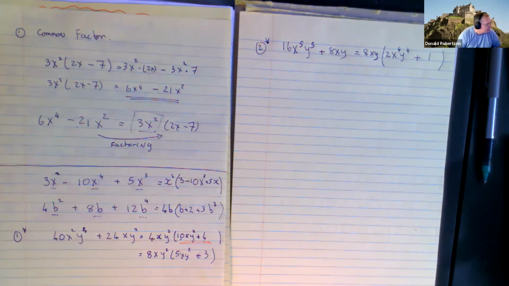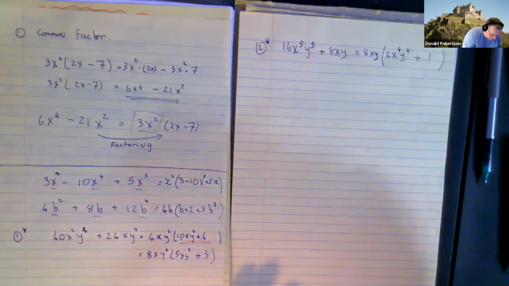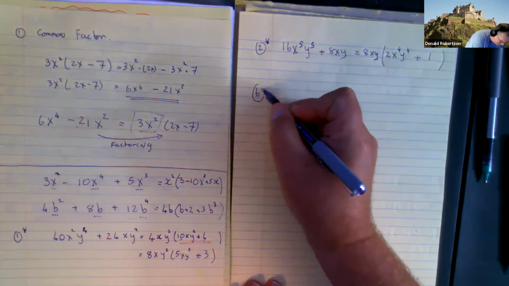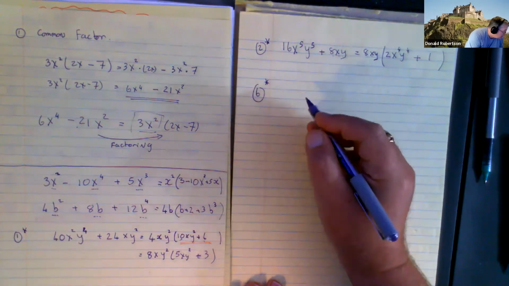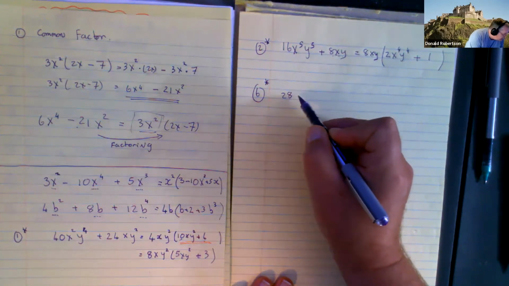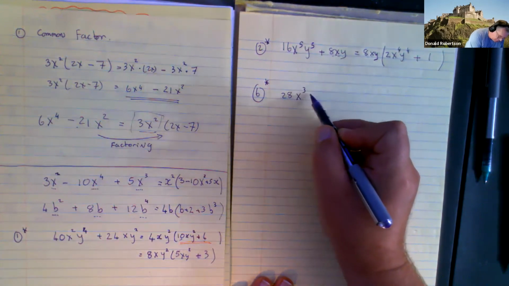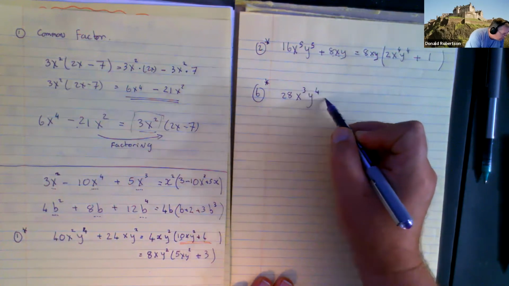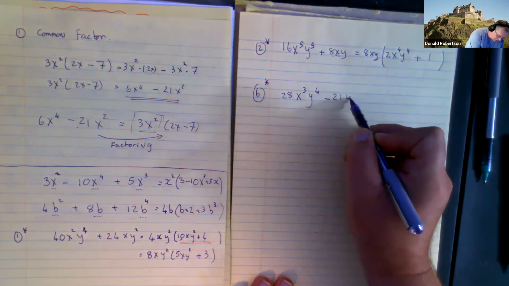So let's try question 6, at least a version of it. So 28x cubed y to the 4, take away 21y to the 5.